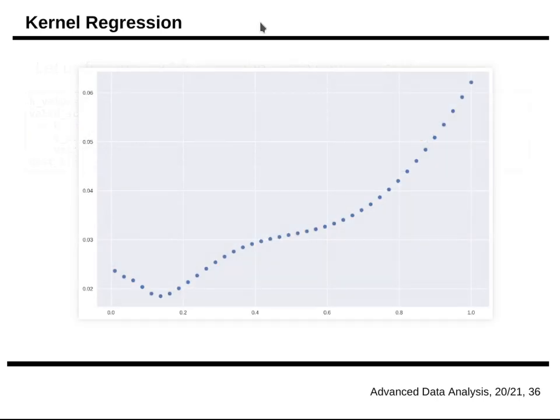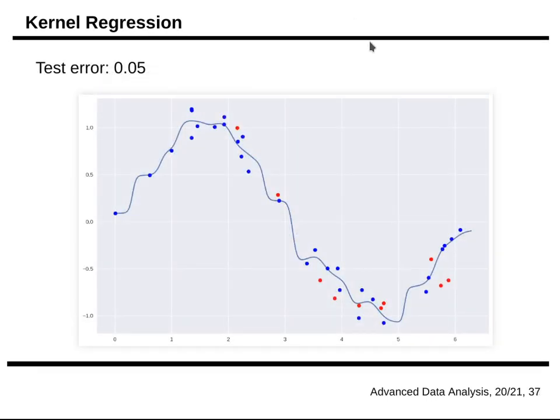So basically, this is one example of what you get. Note that these plots can vary a lot depending on which points are in the train and which points are in the validation set. But in this case, I have this profile, so the best h would be here, and this is the curve I get with the best h value.